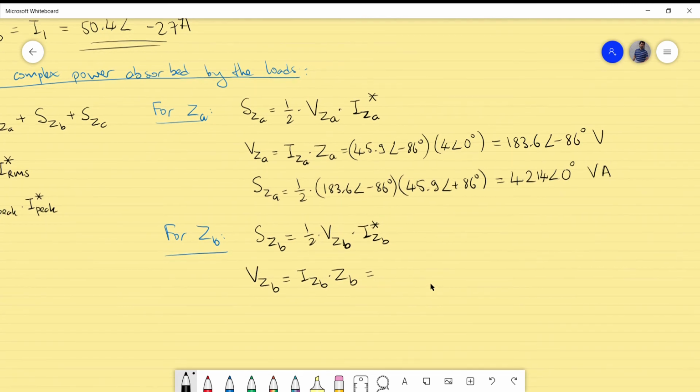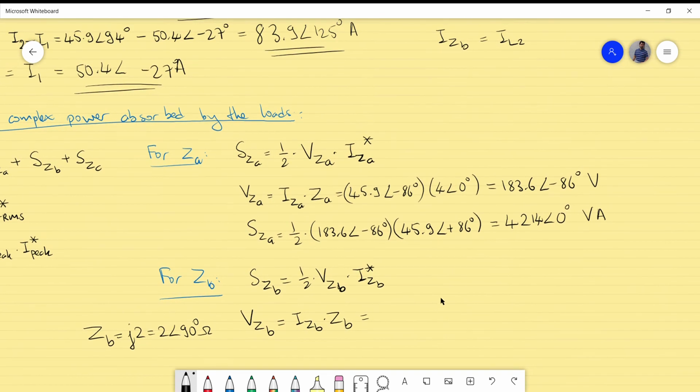So if I convert that to the polar notation, I will just write down here. This was the given value, and this will of course be in the polar notation. So what I have is the following: 83.9 phase 125.